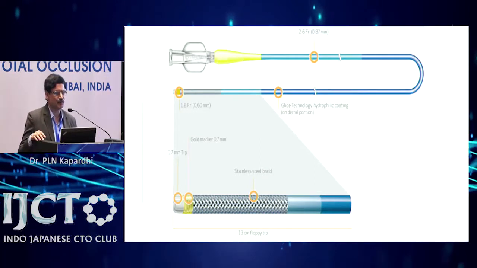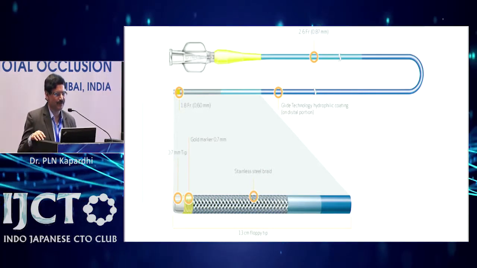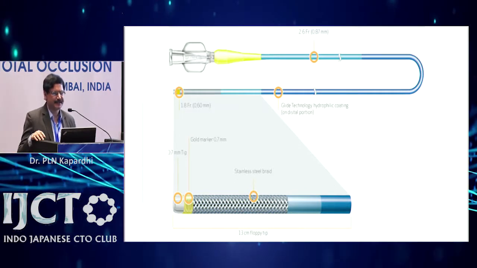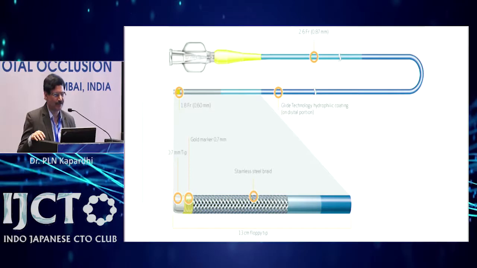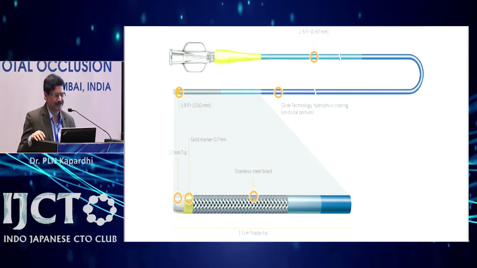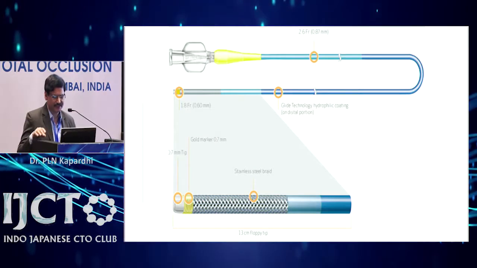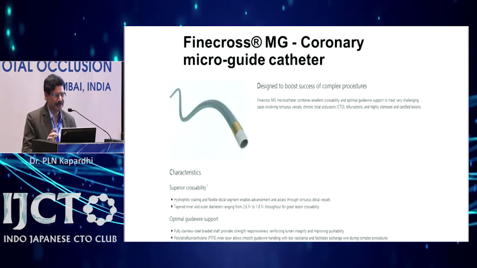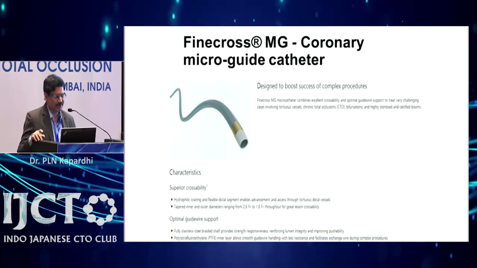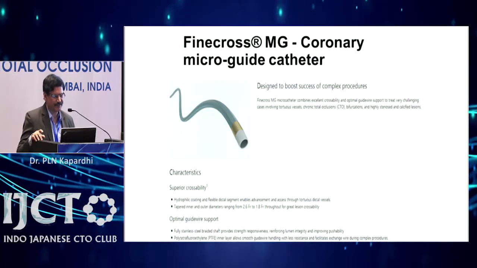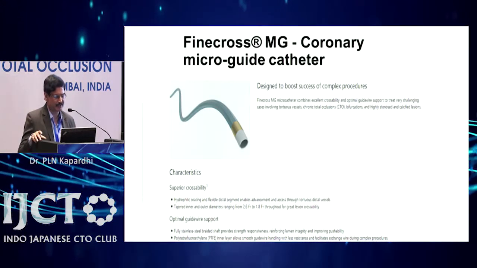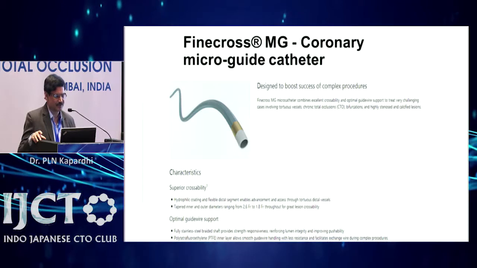If you take this FineCross microcatheter, the design tapers from 2.6 French to 1.8 French from proximal to distal end, and it has Glide technology hydrophilic coating, with 0.7 millimeters from the tip to the marker, and a stainless steel braid. With this it has superior crossability. The hydrophilic coating provides flexibility of the distal segment and superior crossability across the CTO segment, which offers more resistance.